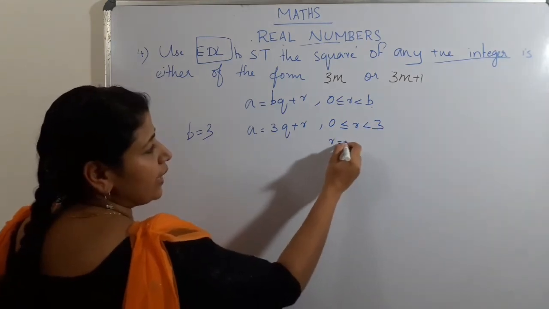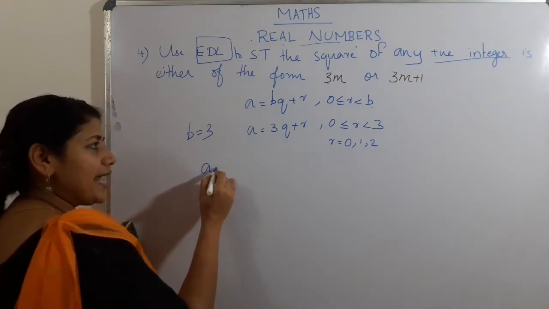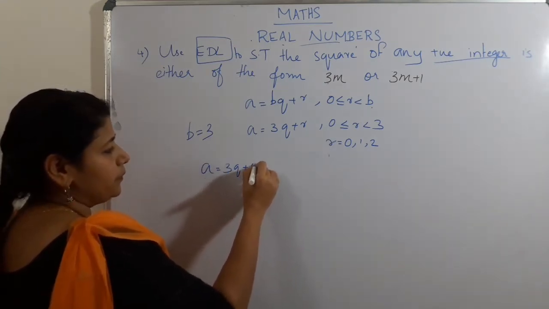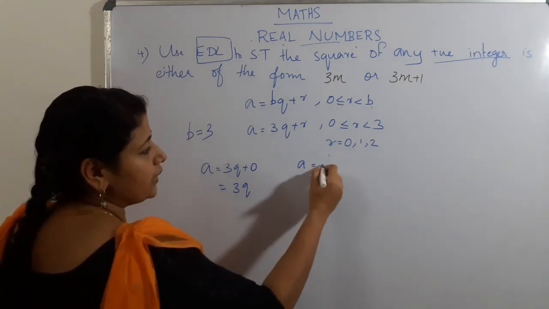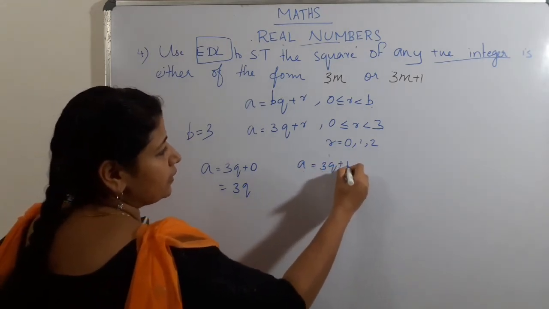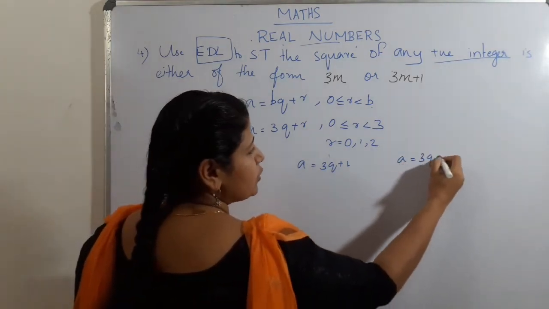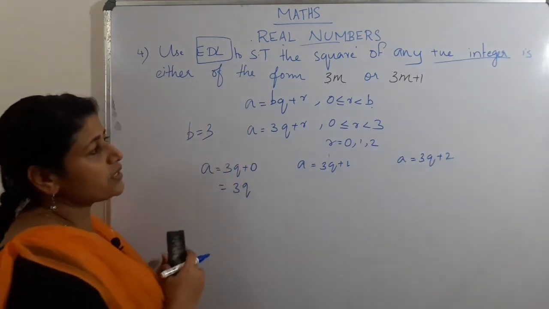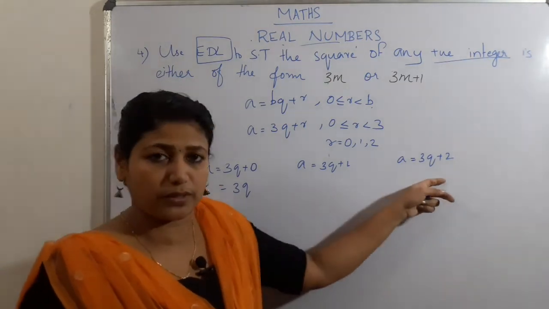So the remainders r will be 0, 1 and 2. So we can write a as 3q plus 0, that will be 3q. If we use 1, then it will be 3q plus 1. If we use 2, a will be 3q plus 2. So we got the positive integers in the form 3q or 3q plus 1 or 3q plus 2.